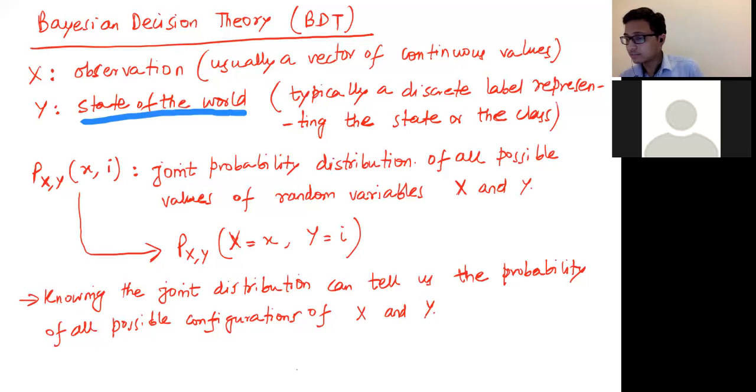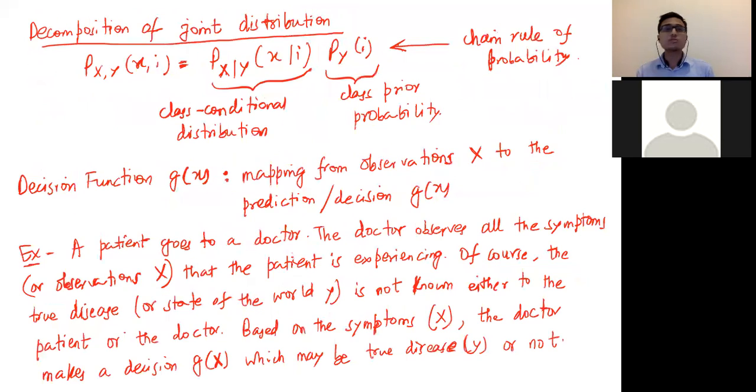Now, using a very simple concept in probability, we can decompose our joint probability distribution into a class conditional distribution and a class prior probability distribution.